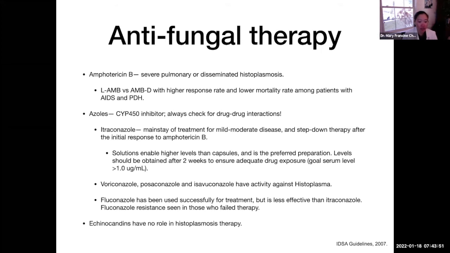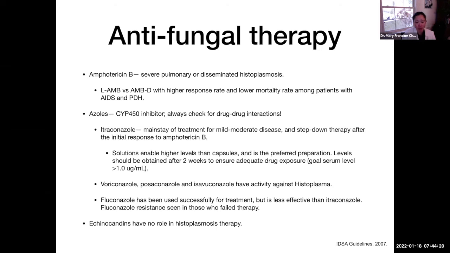And the other azoles that do have in vitro activity against histoplasma include your voriconazole, posaconazole, and isavuconazole. Isavuconazole, in studies, does show that it has activity against histoplasma, and there have been reports of it being successfully used in the treatment of histoplasmosis, but it would still be an off-label indication because it's not FDA approved for that yet.